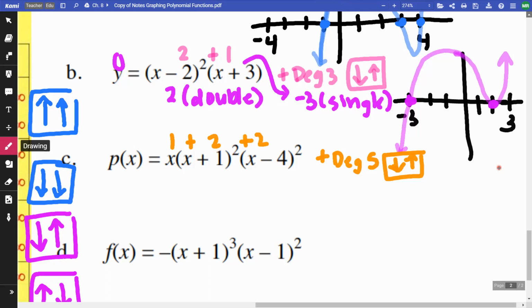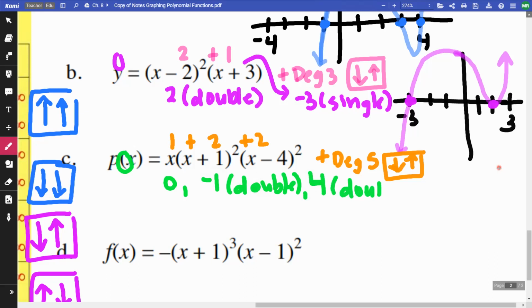Now, if I set this to 0 and I'm solving, this is going to be 0, which is a single. This one's going to be -1, which is a double. Let me just write double here. And the next one's going to be a +4, and that one's also going to be a double.